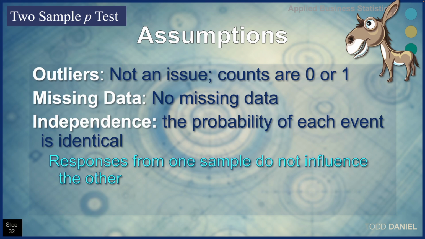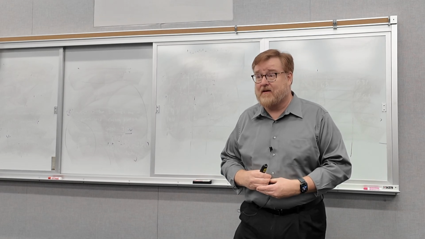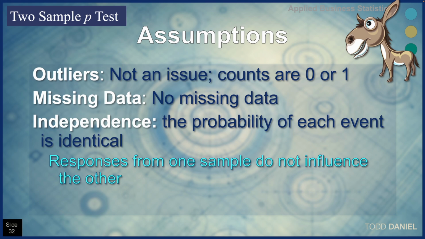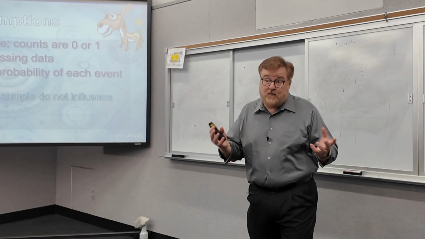Missing data is probably also not going to be an issue. If someone didn't answer the question of whether they'd read the book or didn't tell us whether they liked the movie, we're simply not going to include them in the data set. Independence could be an issue if we have groups of people, friends who have gone to see the movie together, and they're all raving about how good the movie was, or they were all disappointed.